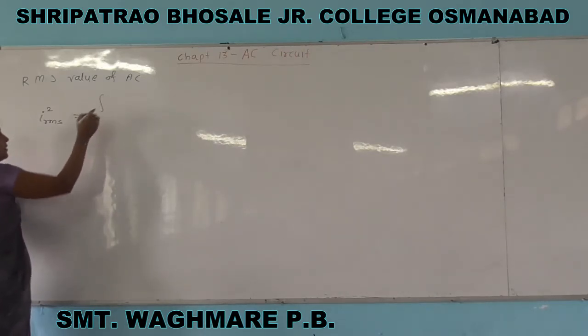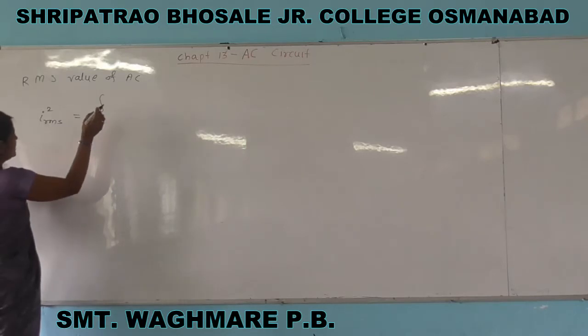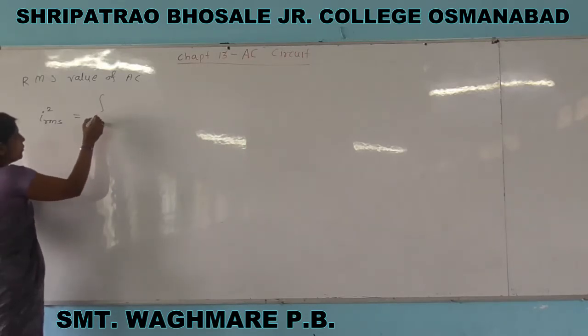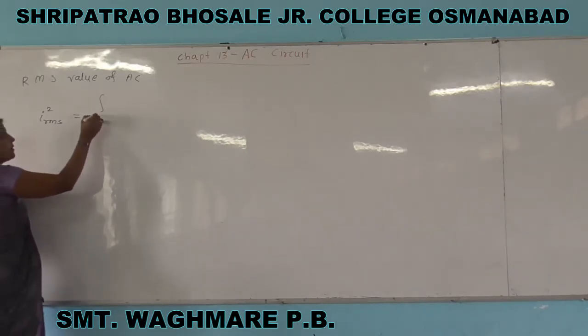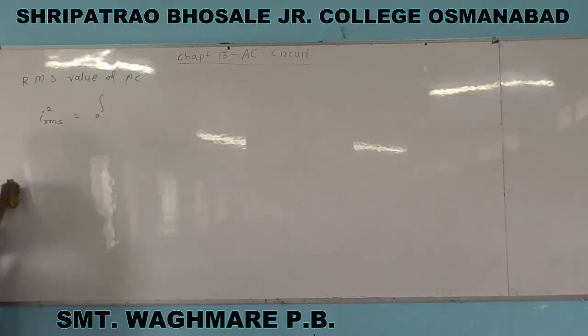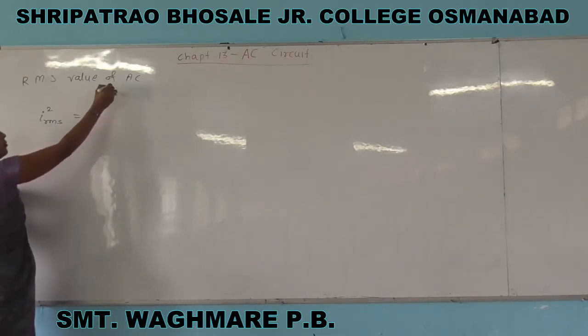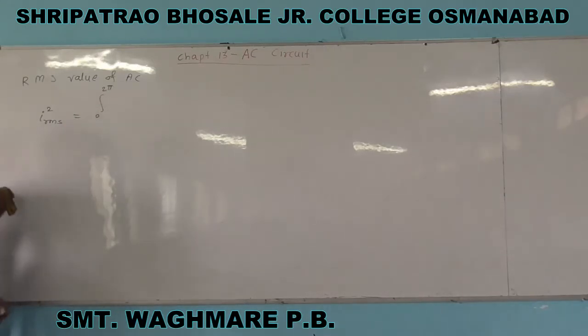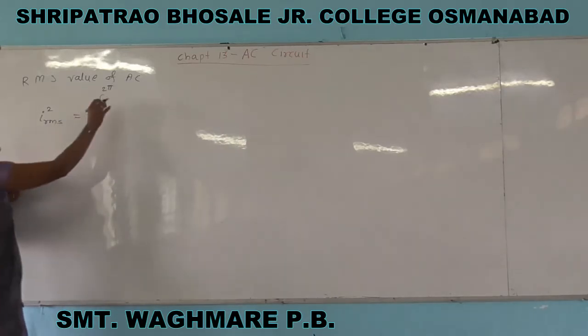To find the average IRMS value, we will take a limit for integration, that is 0 to 2 pi for a complete cycle, 0 to 2 pi.